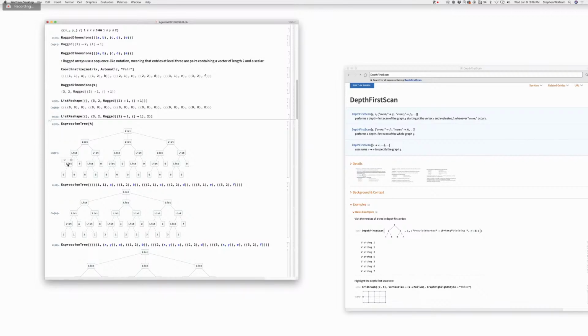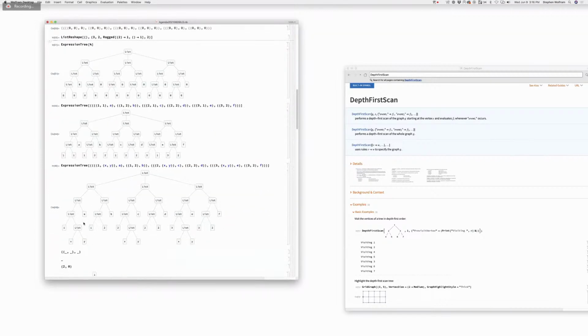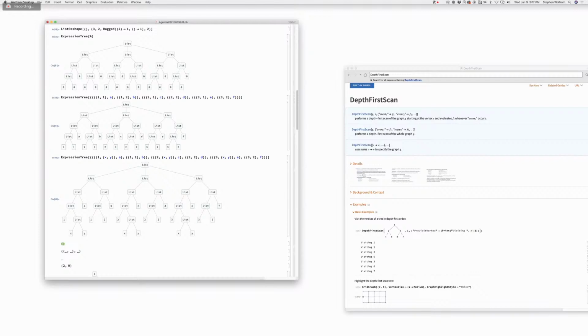Take the example of this one here. First level is 3, next level is 2. Next level is a list, because it isn't one thing, and the first argument of that list is, I claim, the list 0.